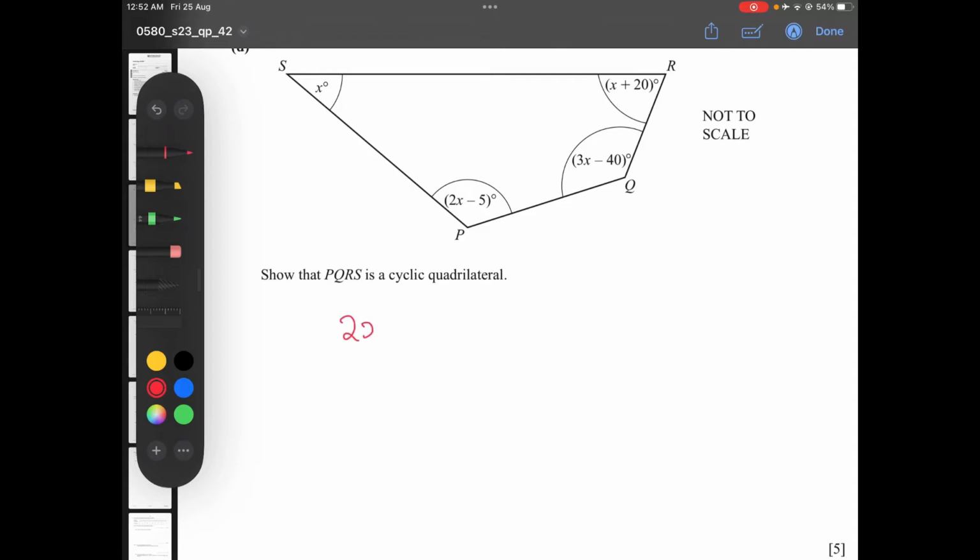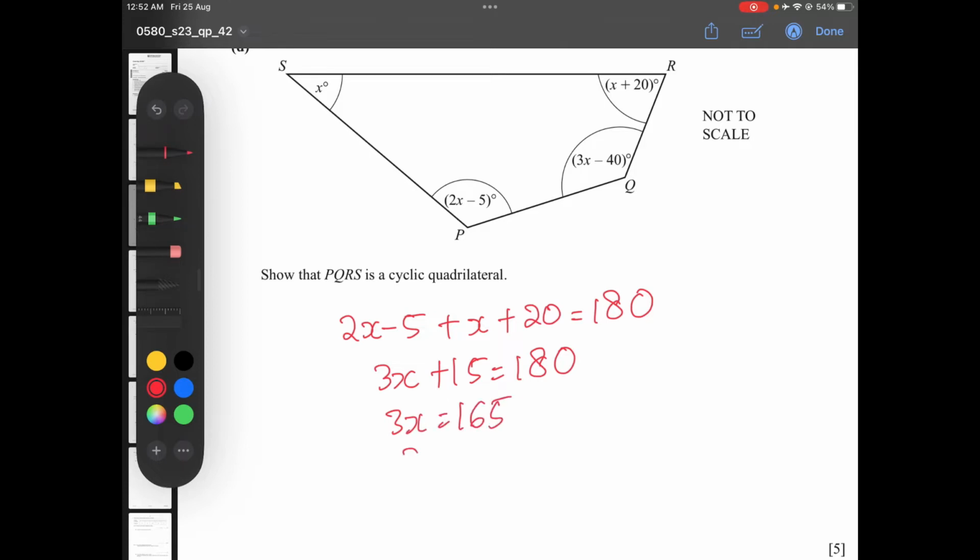So we know that 2x minus 5 plus x plus 20 should equal 180. 2x plus x is 3x, and negative 5 plus 20 is 15, equals 180. 3x is going to be 165, and if we solve this, x gives us 165 divided by 3, which is 55. Alright, so that's the value of x.